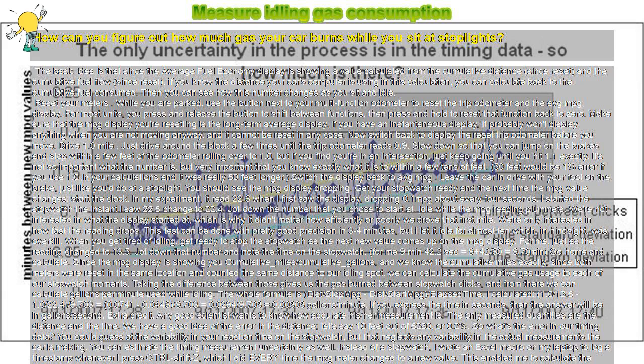This enabled me to calculate the cumulative gas value every time the MPG meter changed, not just on the first and last.